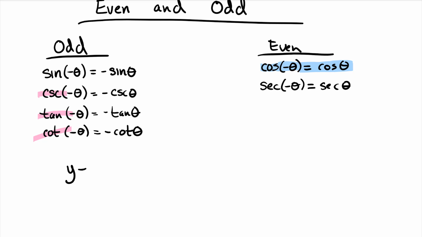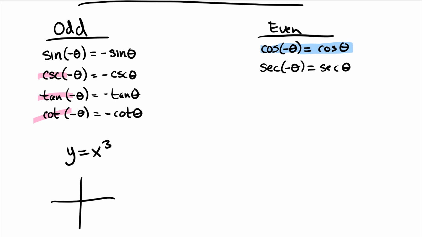Let me give you an example of an odd function. Y equals x cubed. If you graph it, it goes like this. Okay, cool. But they share points. 1 comma 1. Oh, I have to not write that as y. I have to be fancy. I have to call it f of x.